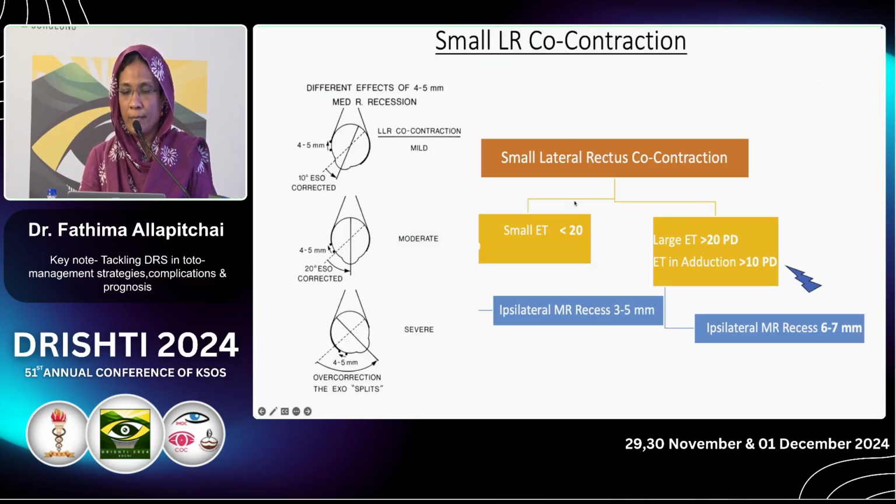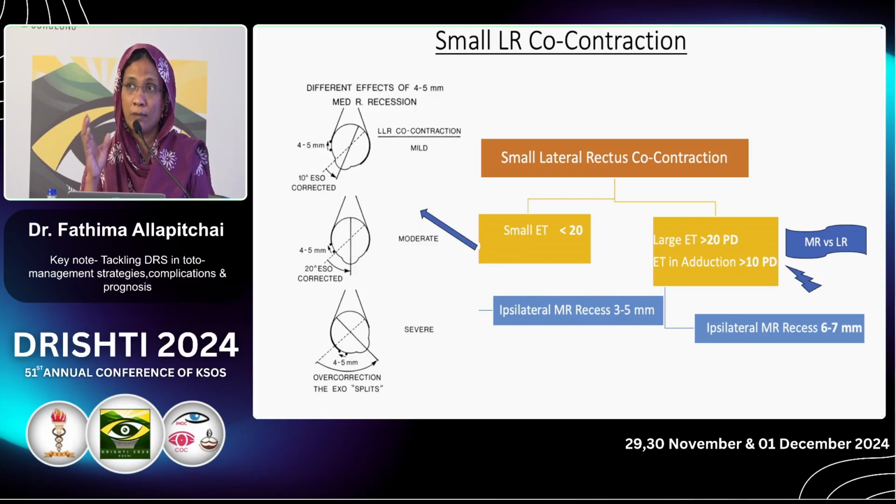And this is based on Burton Kushner's advice: for esotropia with a small angle and a small lateral rectus co-contraction, we can go ahead with ipsilateral medial rectus recession. Whereas if the angle is large, definitely you have to look for the esotropia in opposite gaze, which will tell you how much the LR is working against MR. In the primary gaze, esotropia is more than 20 prism, okay.